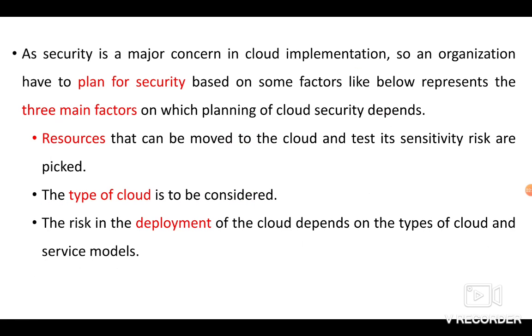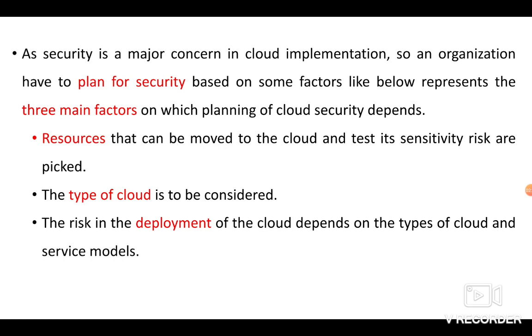When we go for cloud security, first of all, we need a proper plan for cloud security. Usually cloud security depends on three main factors. The first and most important one is the resources that can be moved to the cloud. For example, it can be a file or a service, or something else. What resources are we moving to the cloud, and what about their sensitivity and risk?